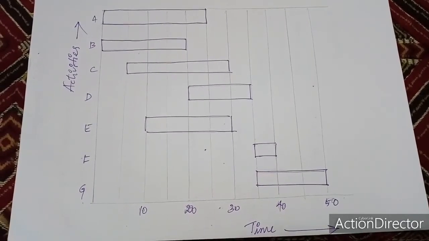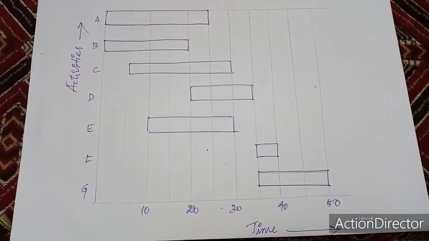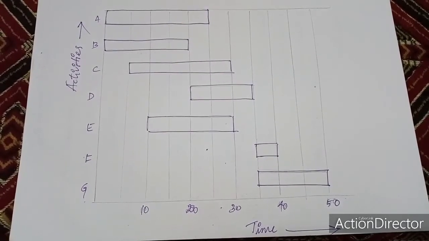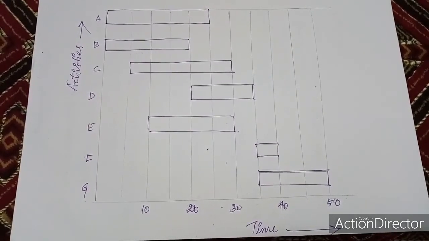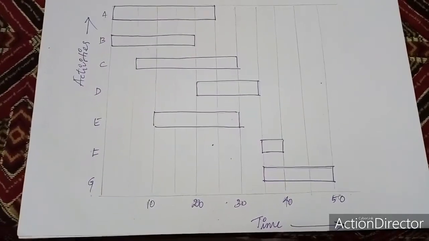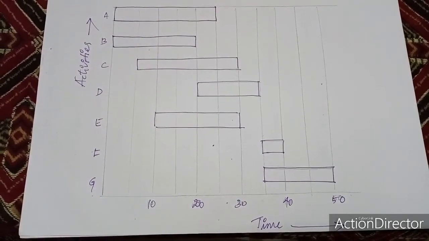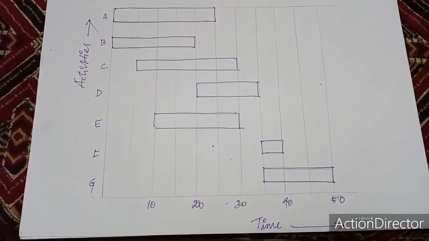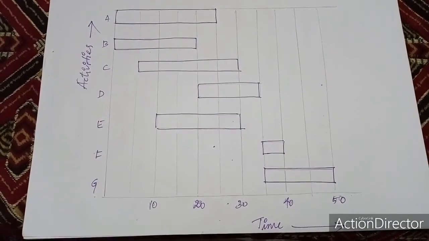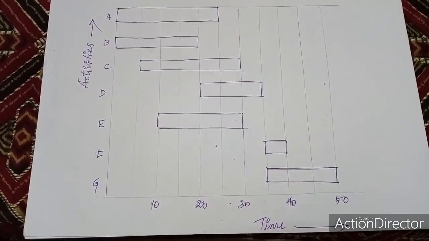Similarly, you can see activity C begins 5 days after the start of activity A and B. And activity D starts after the completion of activity B. Likewise, activity E starts 5 days after the start of activity C. Right. So that is what is being denoted by the bar chart.